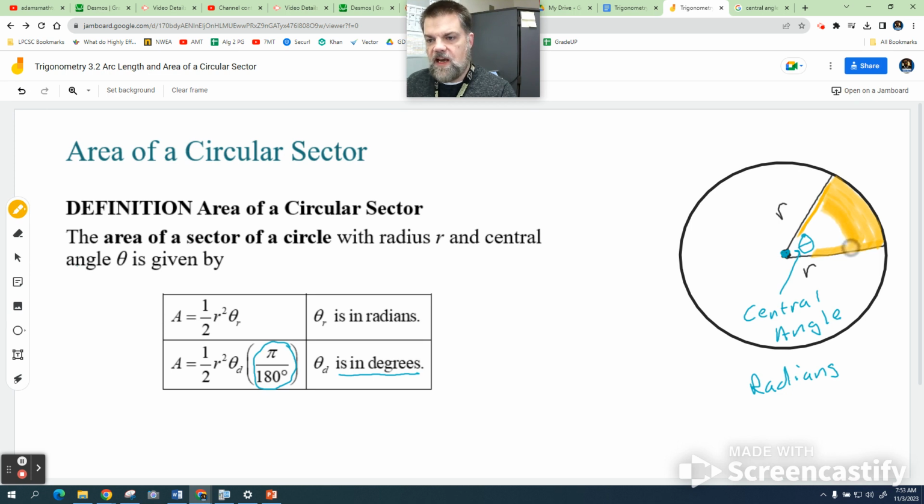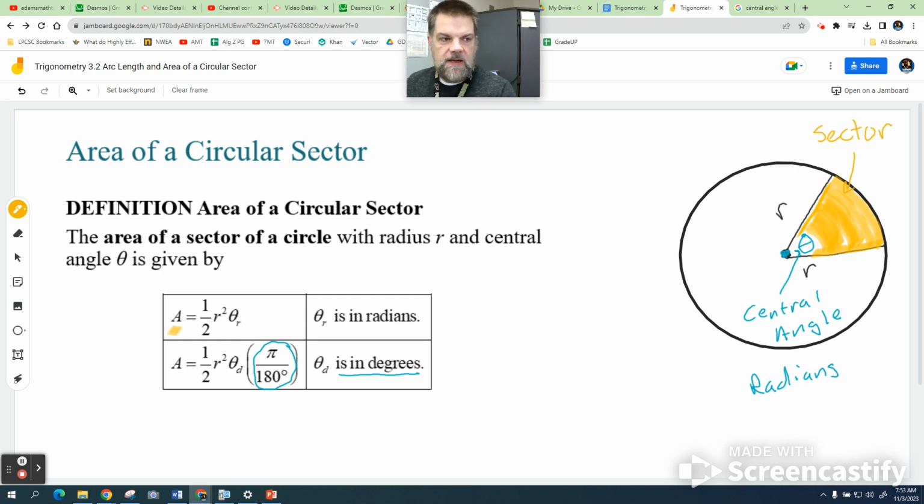So if I want to calculate the area of this section, like a slice of a pizza pie, that's what this formula is for. So this right here is called a sector.